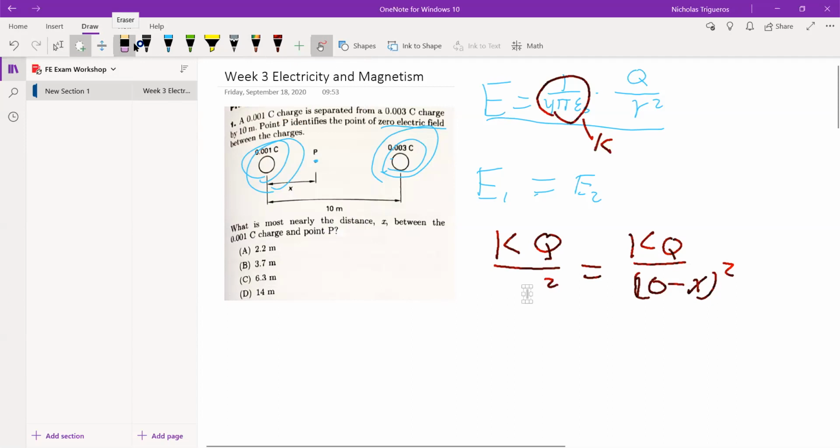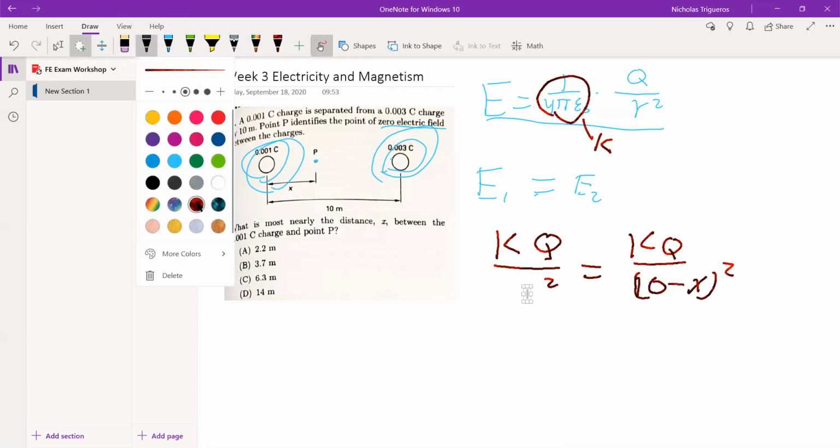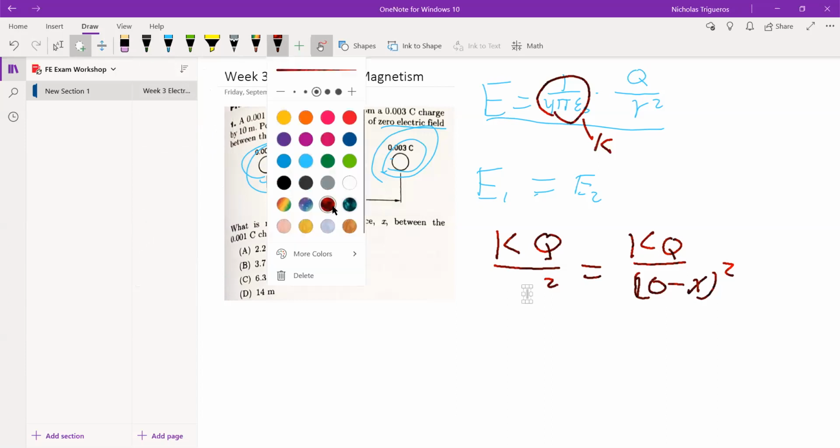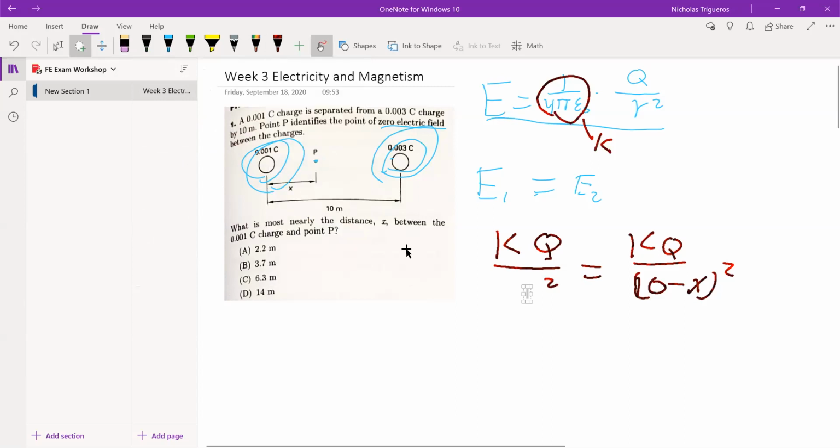I'm not sure. It just really likes the eraser. I choose that, and I choose this color.